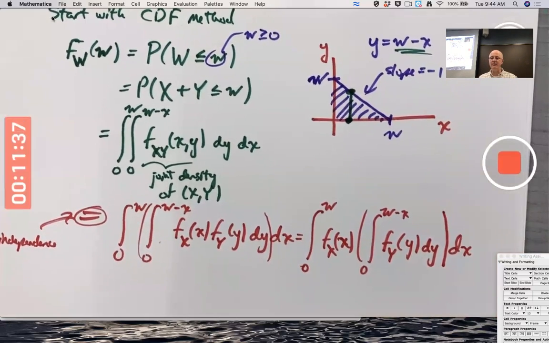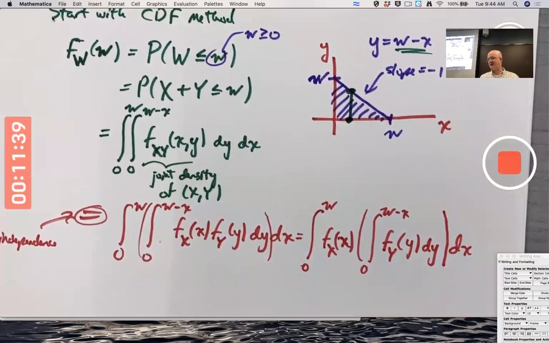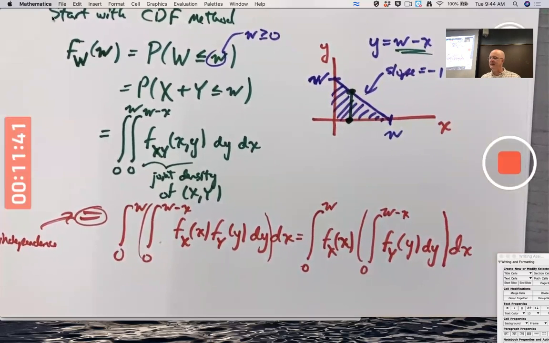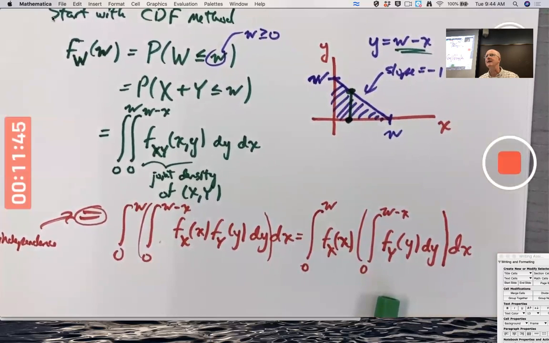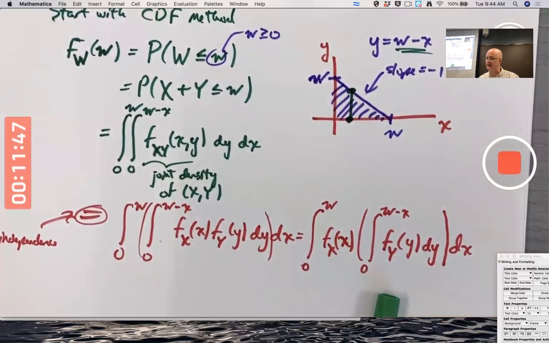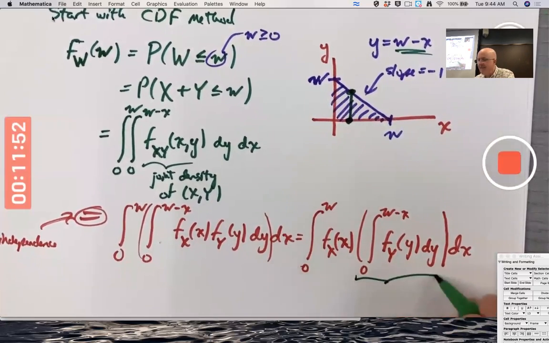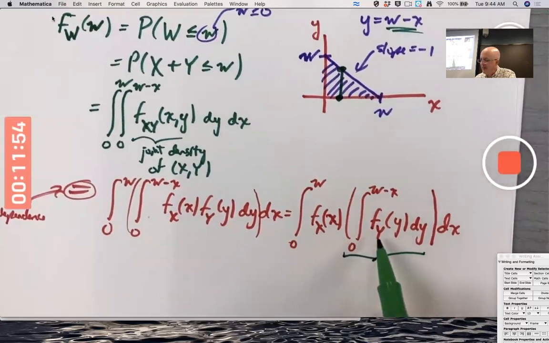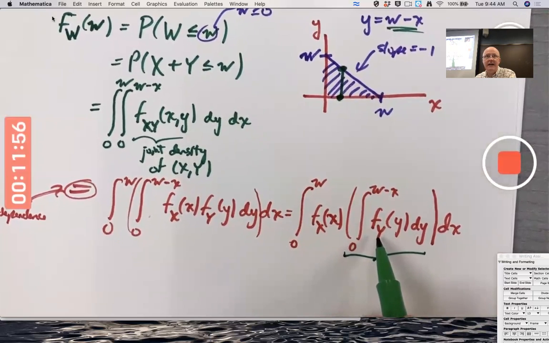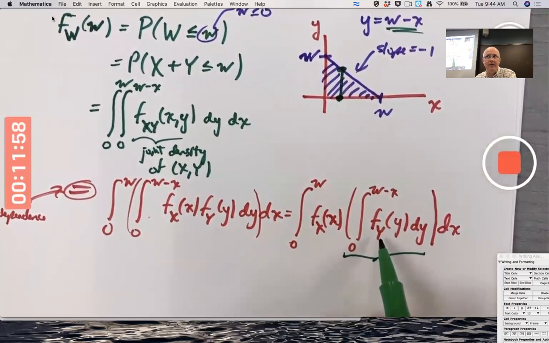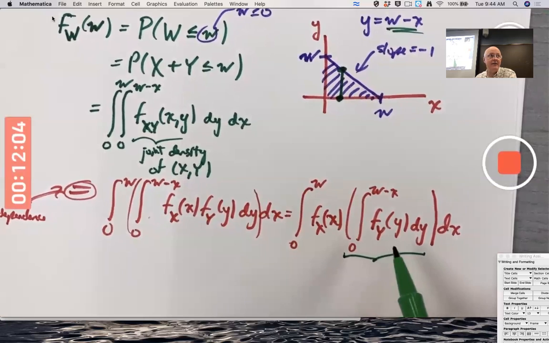Okay, is that really so helpful? It is actually, because now this inner integral can be simplified, can in fact be written without an integral sign. How? Think about it here. I'm integrating the PDF of y there. If I knew its antiderivative, I could do that integral.